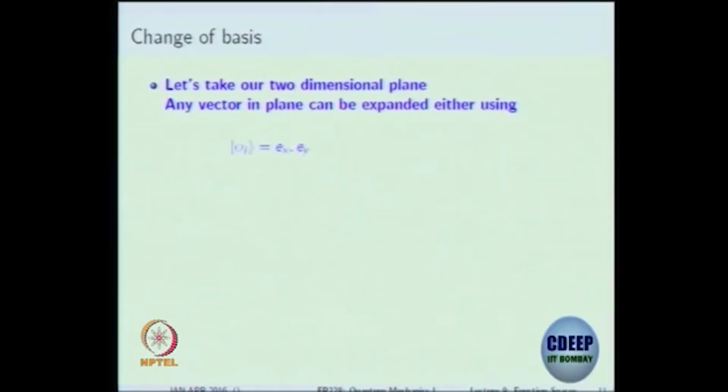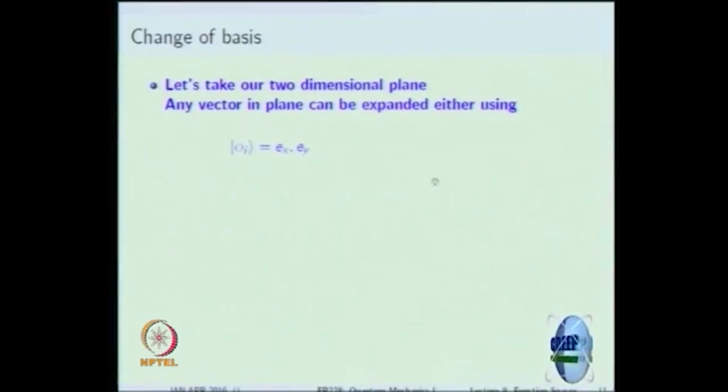Okay, so let's now get on to some more playing around with the basis functions. As was already pointed out, the orthonormal basis can have more than one possibility, which at least you can be familiar with in your two-dimensional plane.